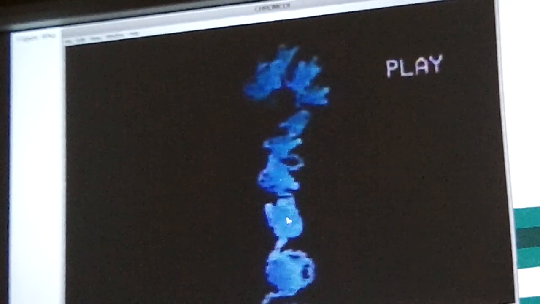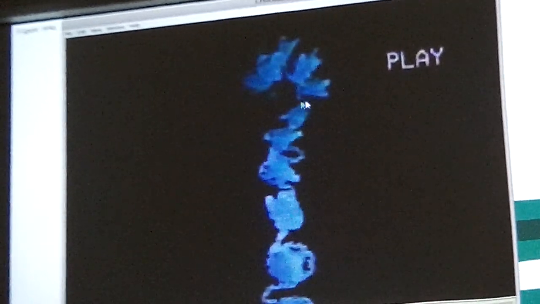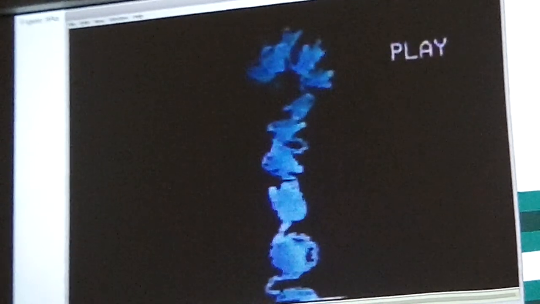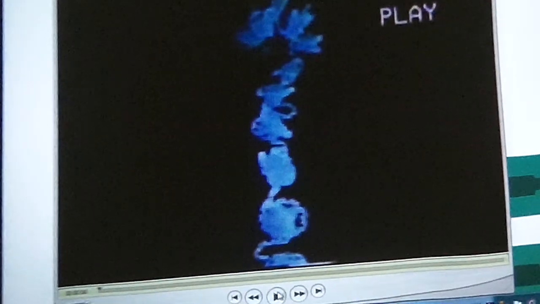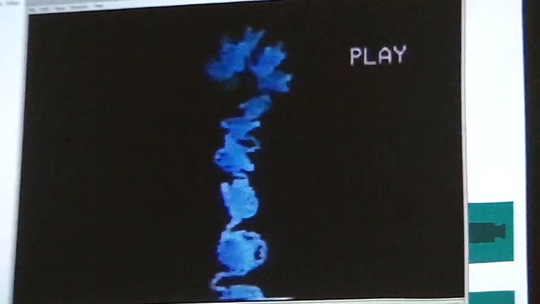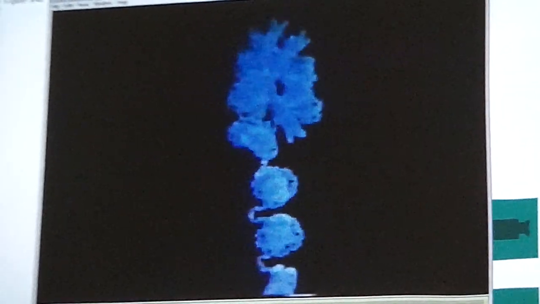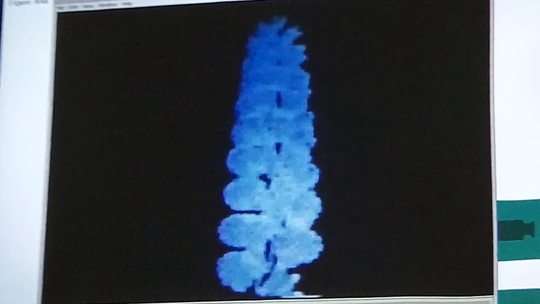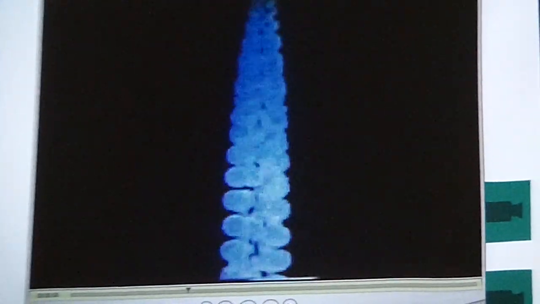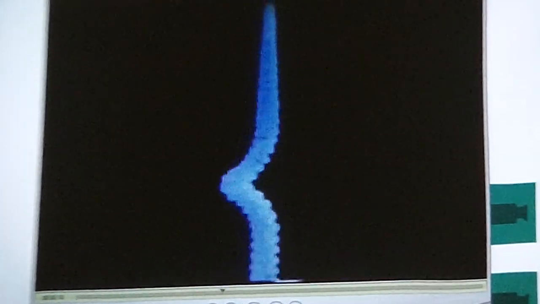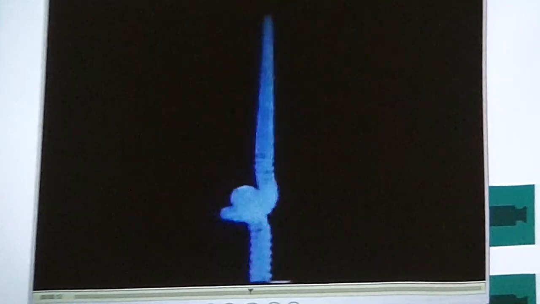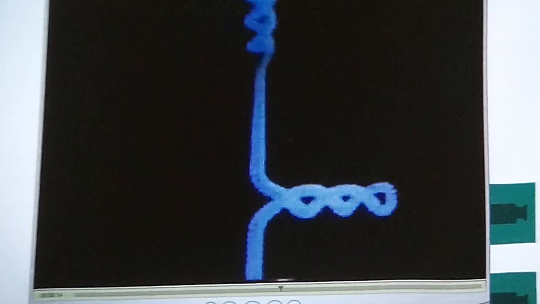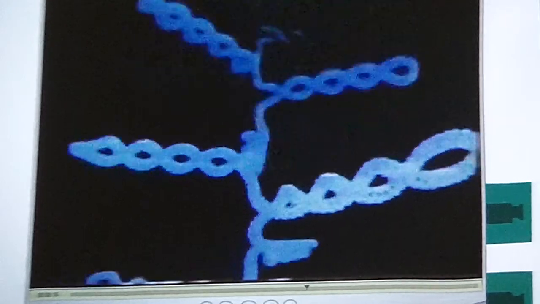So there's many histone proteins. So watch how this DNA coils up. Everybody watching? You don't want to miss this. Took scientists years to figure this out.